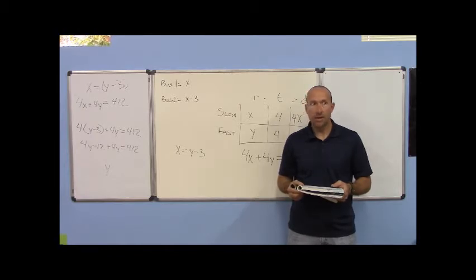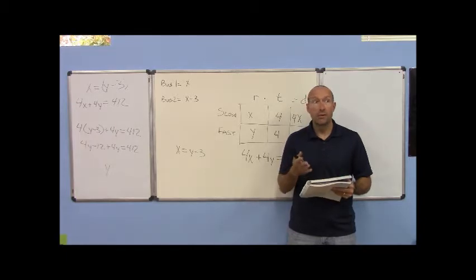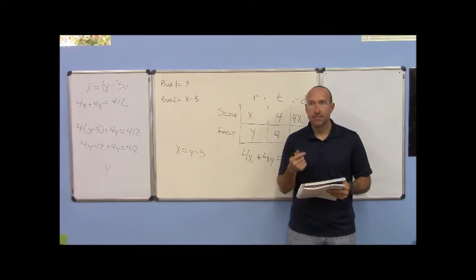So if you have account X and account Y, what would one of your equations automatically be? If you have two accounts that total $10,000, what could you say about those two accounts? X plus y equals 10,000.